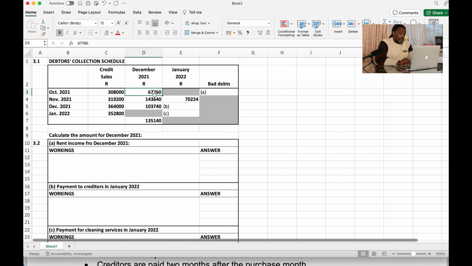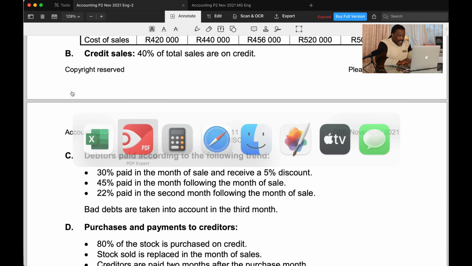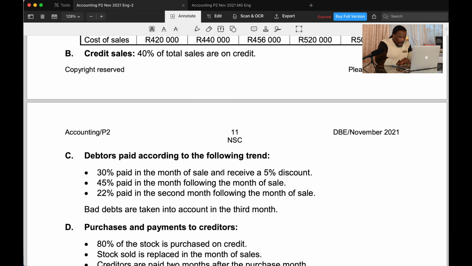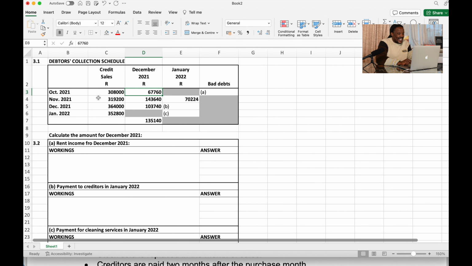Even if you want to test this 67,760, you can see that for October, what happened? 30%. November, what happened? 45%. December, what happened? 22%. In that line of transactions of October, you can see that December is recorded, and this December is after 2 months.